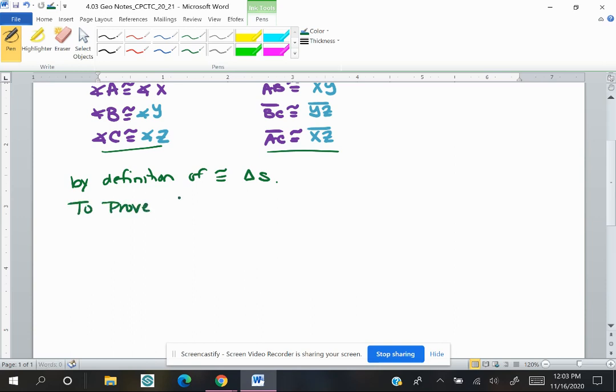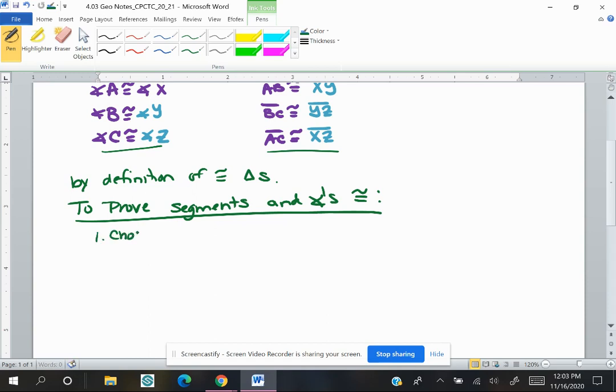So whenever you're asked in a proof to prove a pair of segments or a pair of angles congruent, you want to first ask yourself, are they a part of two different triangles?